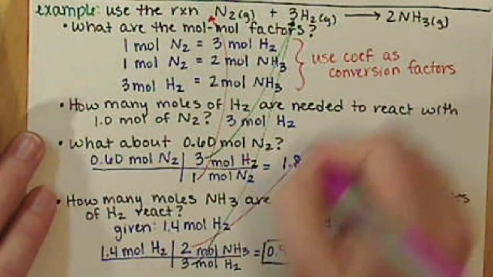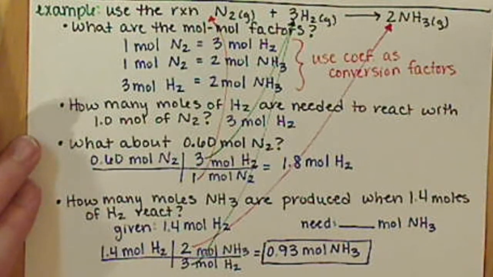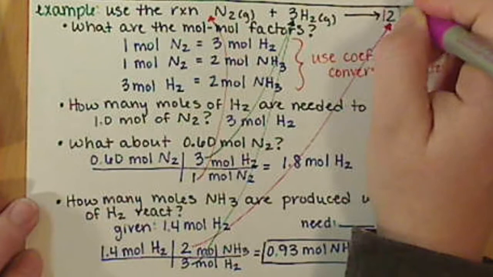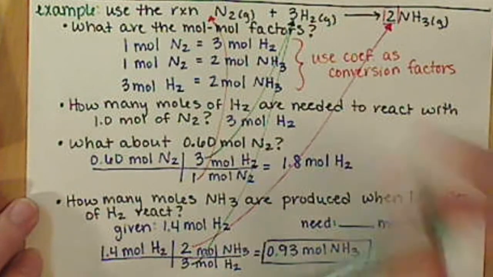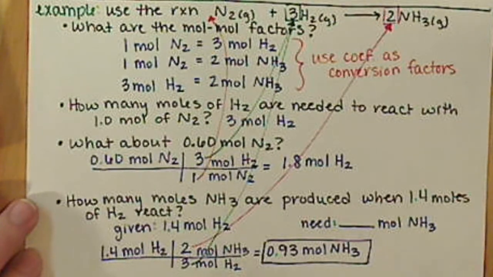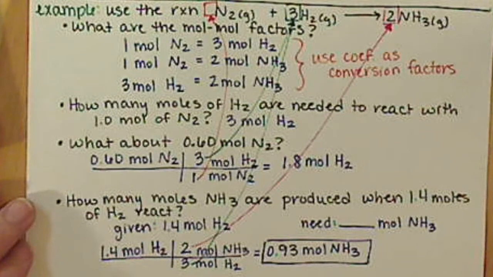This 2 comes from the coefficient in front of ammonia. Basically, the 2 is pink, the 3 from hydrogen is green, and the 1 that's left off from nitrogen is our red.